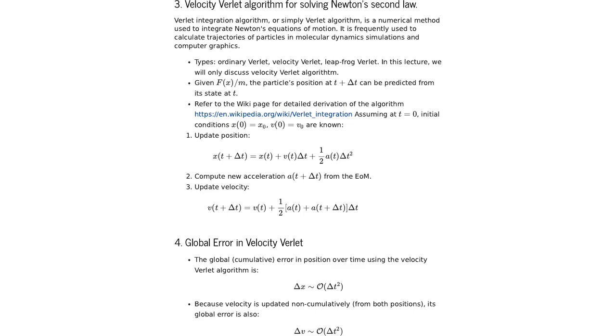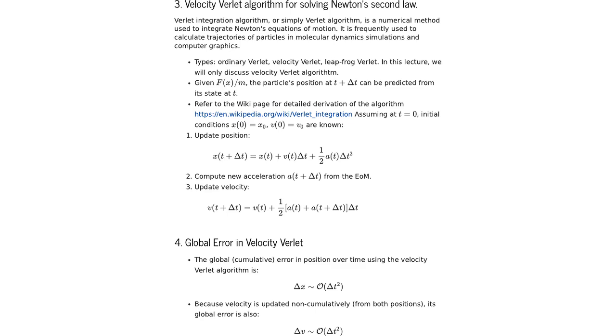First, we update the position using the formula x at t plus delta t equals x at t plus v at t times delta t plus 1/2 times a at t times delta t squared. Second, we compute the new acceleration, a at t plus delta t, using the equation of motion with the newly calculated position.